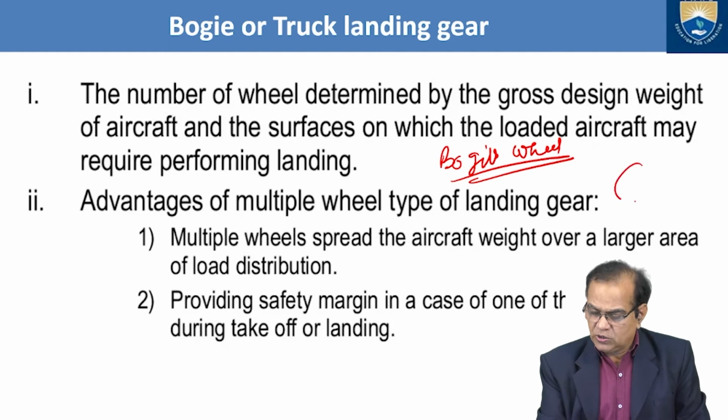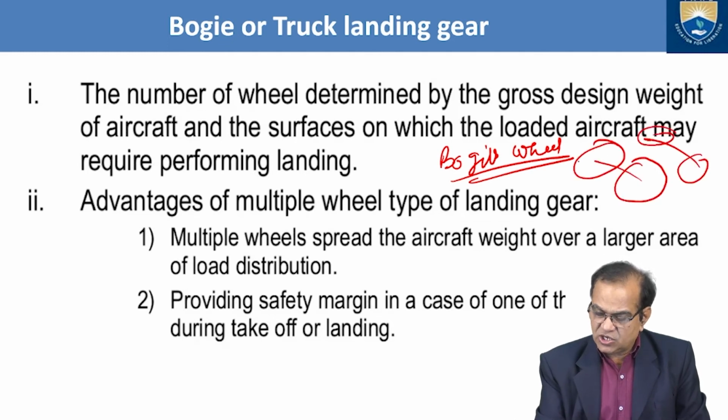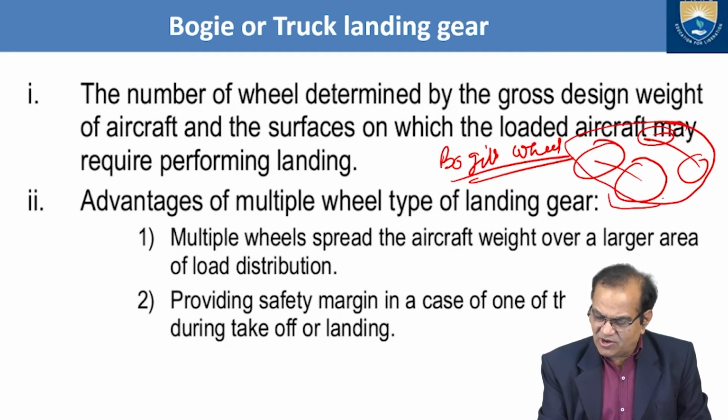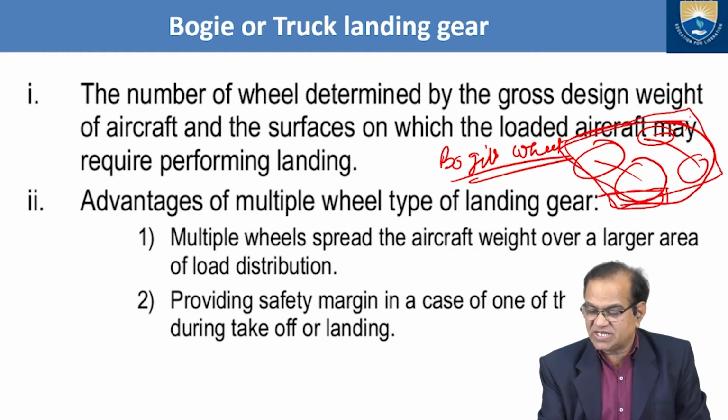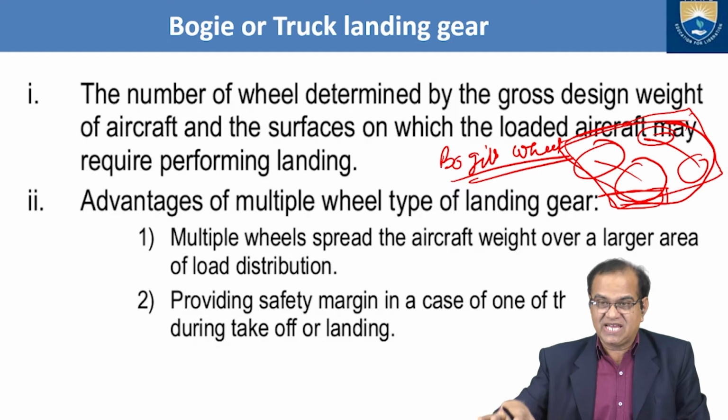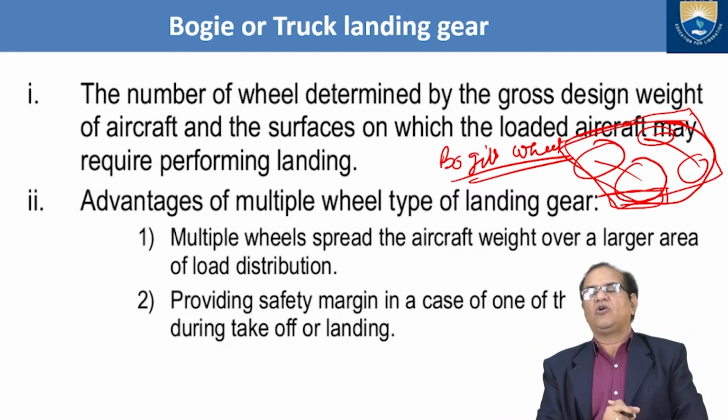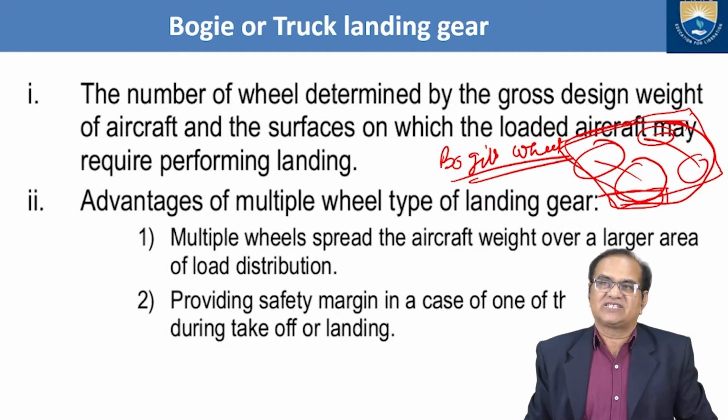You might have seen this and this, another is this and another is this. So this much area is covered. If you take only one, only a very small area is covered. But if you take many, the area covered is many times more. So per unit area, the load capacity of the landing gears is increased.